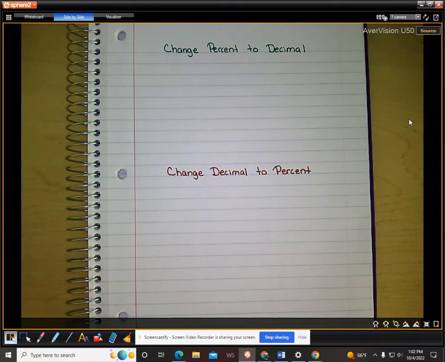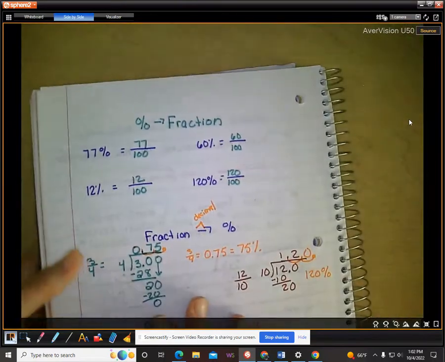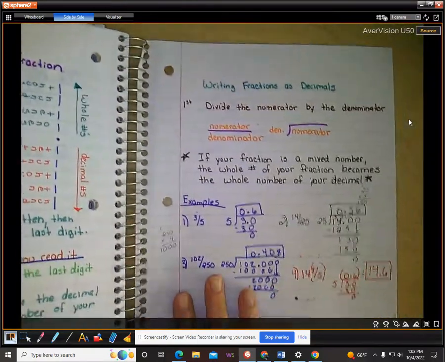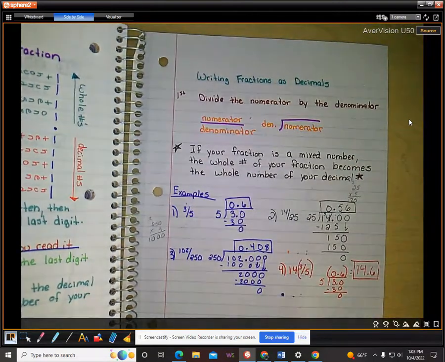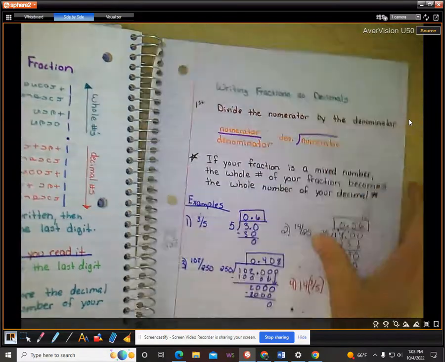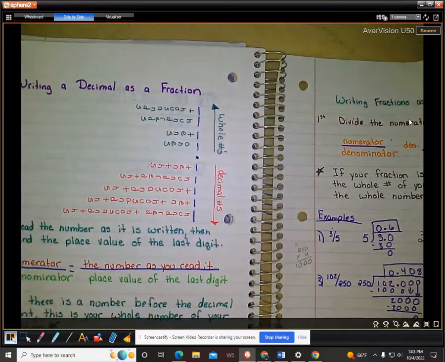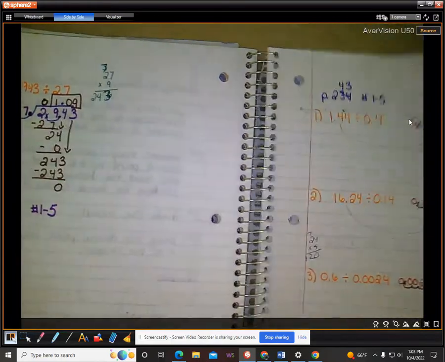So every time we take notes, I always tell you, start on a blank page. Put your heading at the top. Now, if it was my notebook, I would use a highlighter and highlight my topic. That way, as I'm flipping through my notebook, I can see what my topics were.